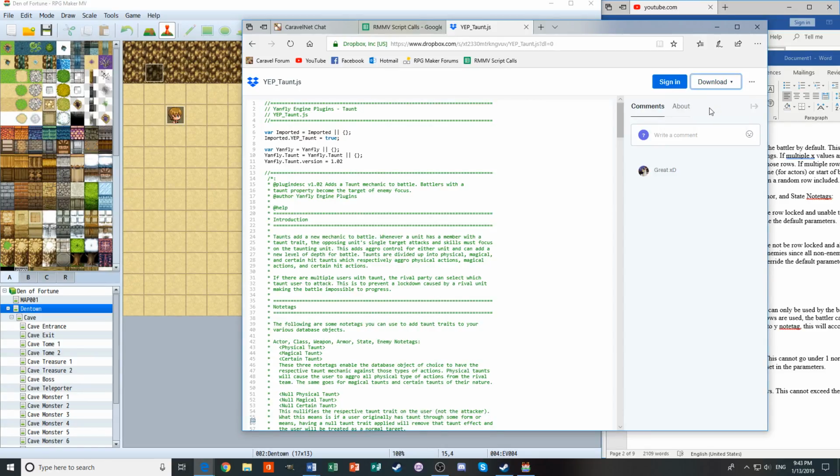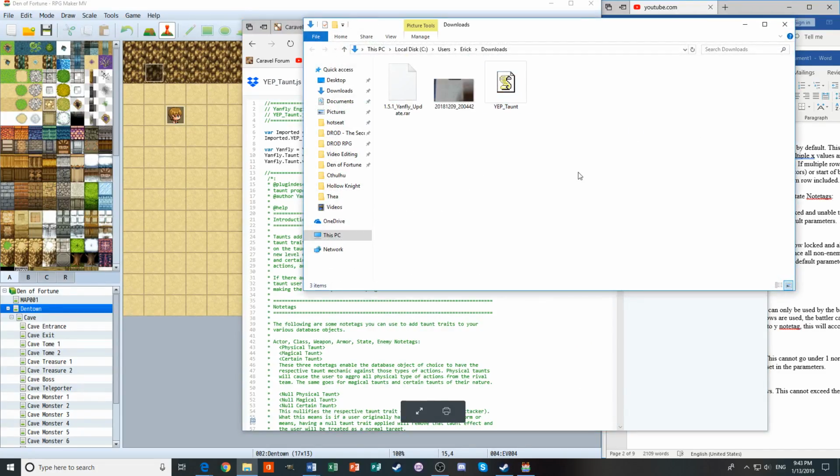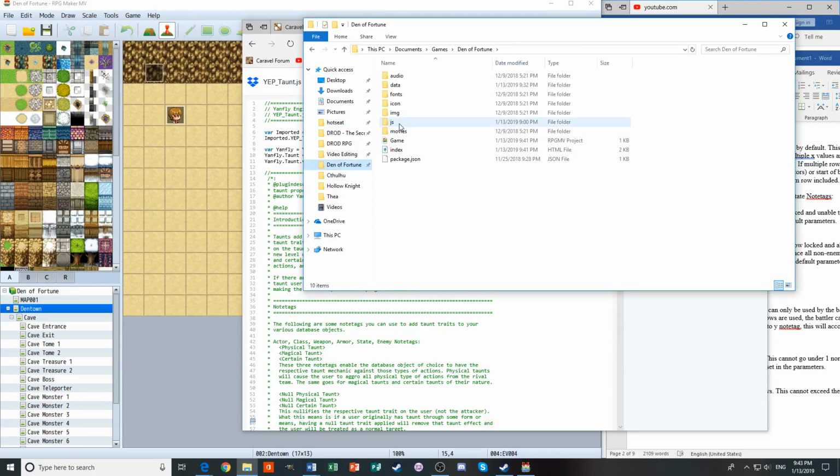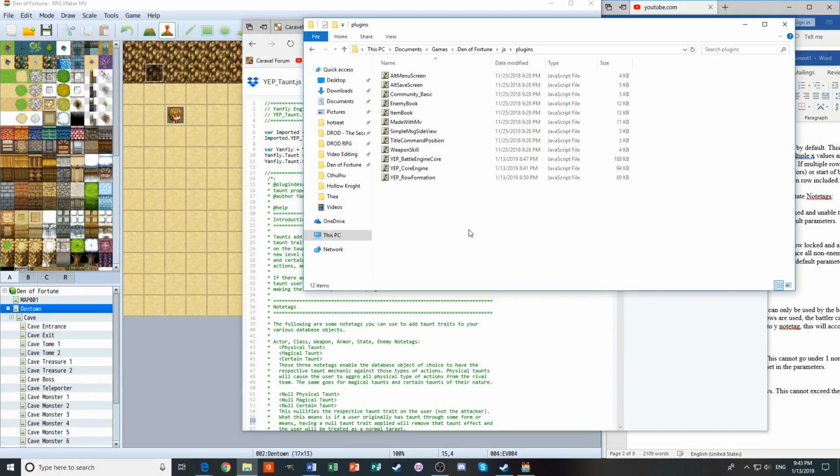Download, direct download. Save. Open folder, that's fine. Cut. Then JavaScript. Plugins. Paste. Okay. That's the first step.